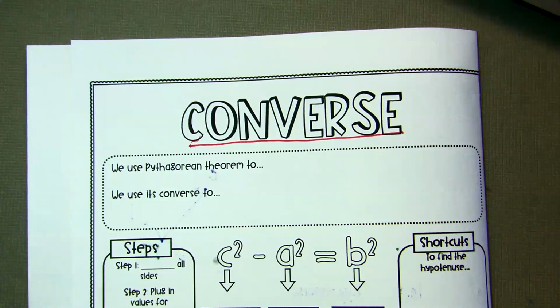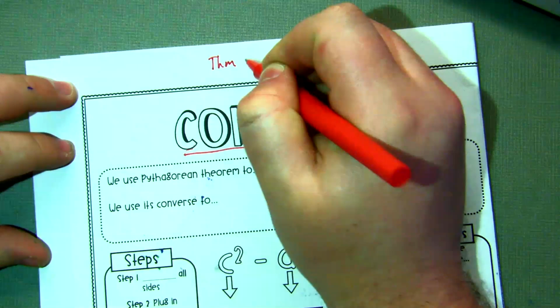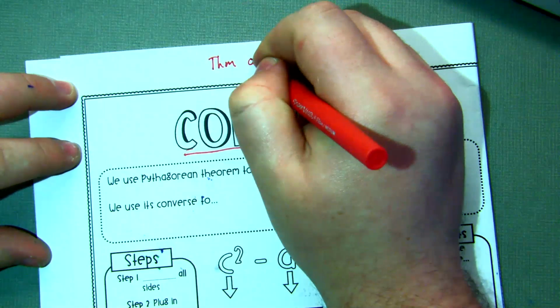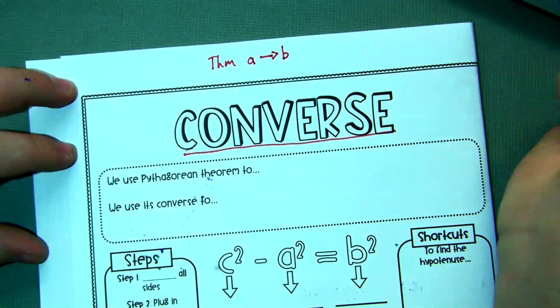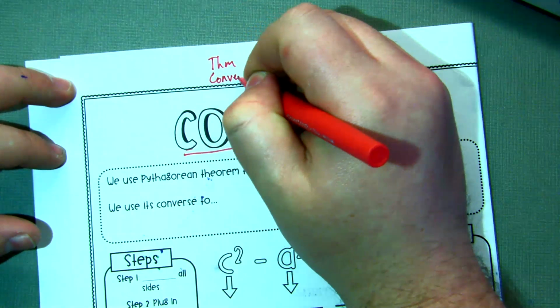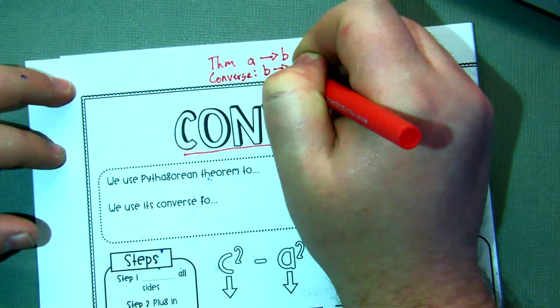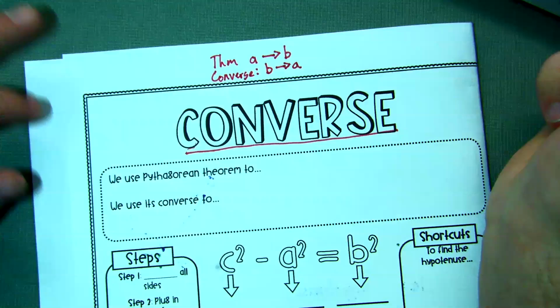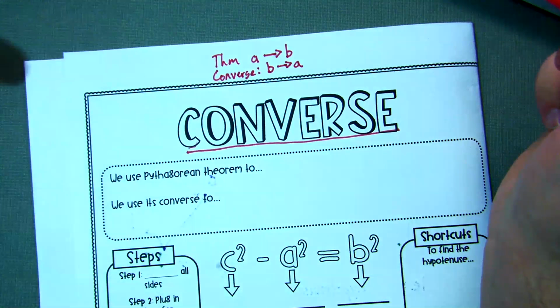So when we use a theorem that goes A to B, then our converse goes B to A. Our converse takes the theorem and it flips it around.